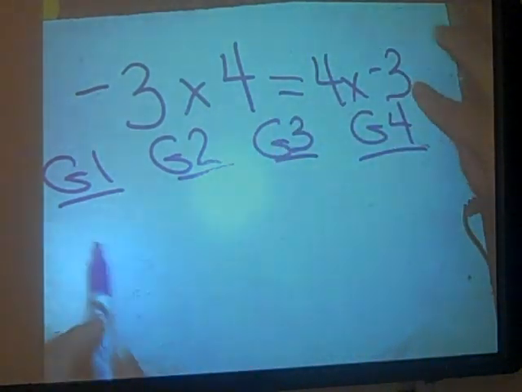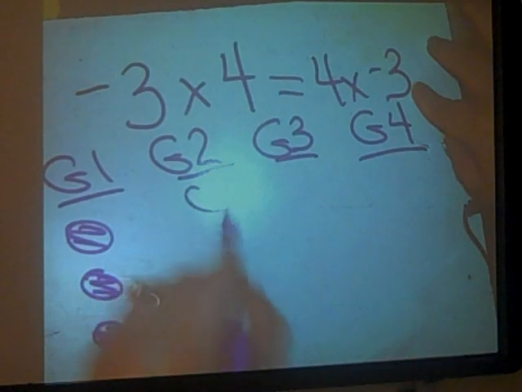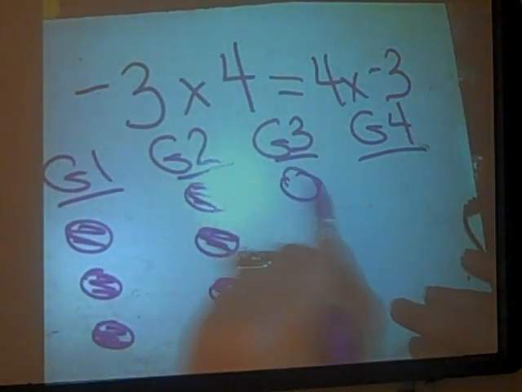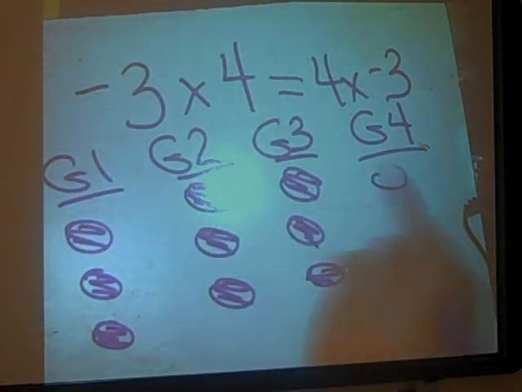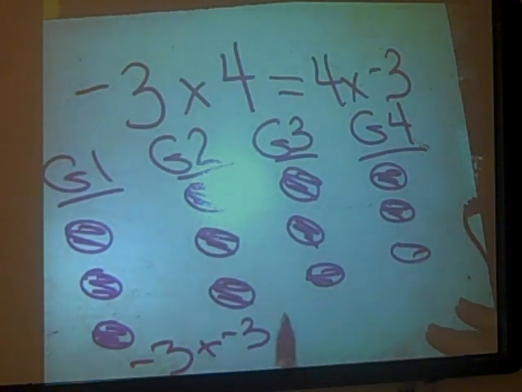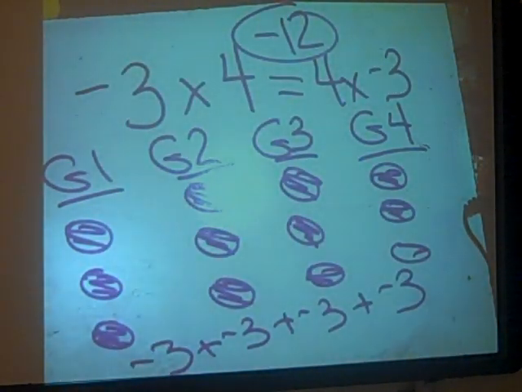And I'm going to see negative 3 in each. 1, 2, 3, and they're negative because I shaded them in. And I'm going to see negative 3 in this group as well. So the total, I have negative 3 plus negative 3 plus negative 3 plus negative 3. And it's a total of negative 12, and it is negative because they are shaded.